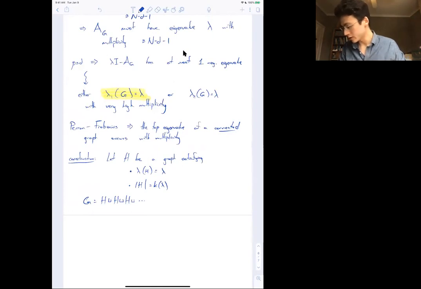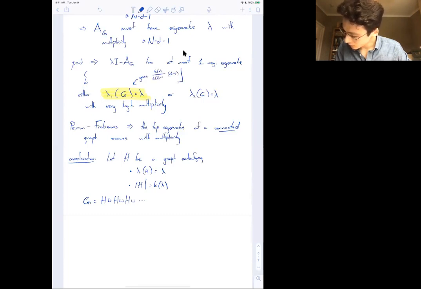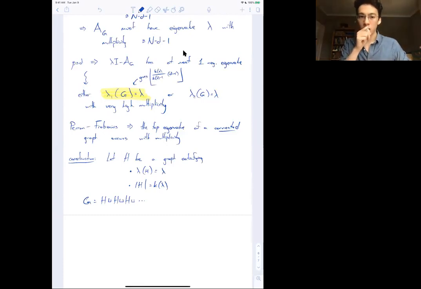If you modify this very slightly, the top eigenvalue case gives the right bound.